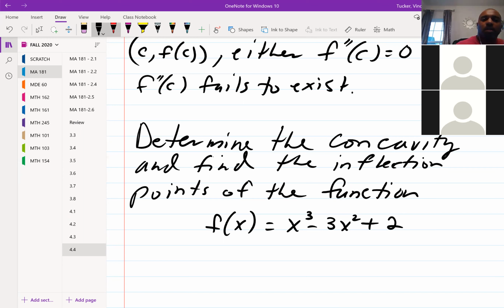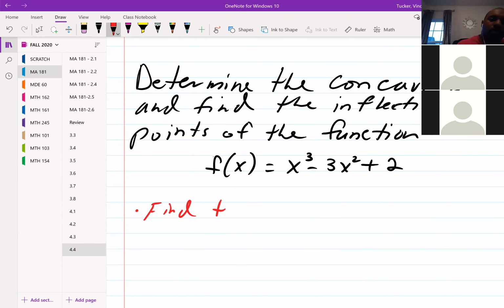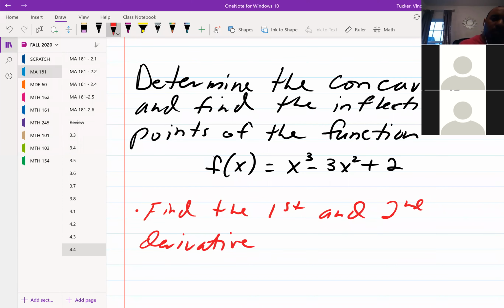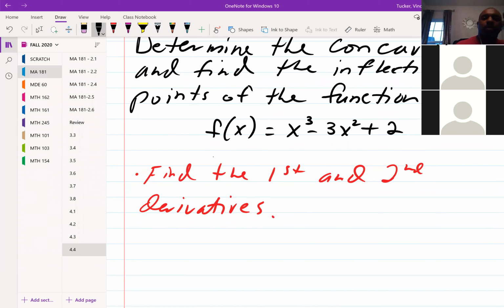Okay, so let's, all right, so we're going to find the first and second derivatives of our function.